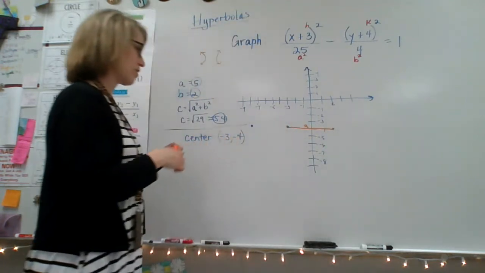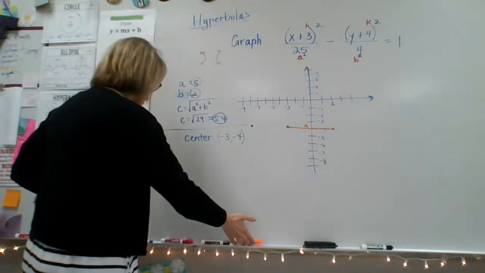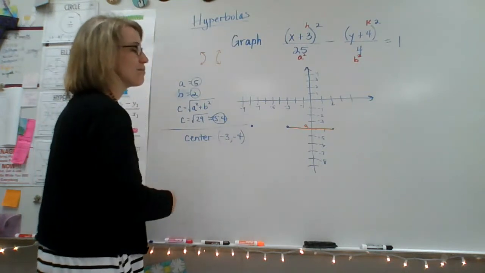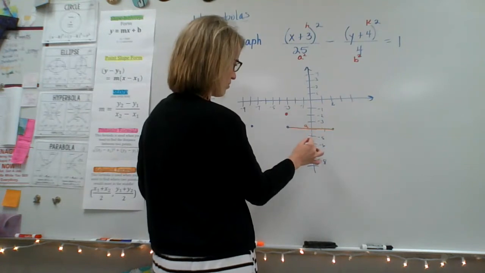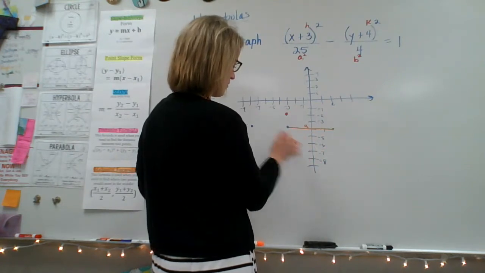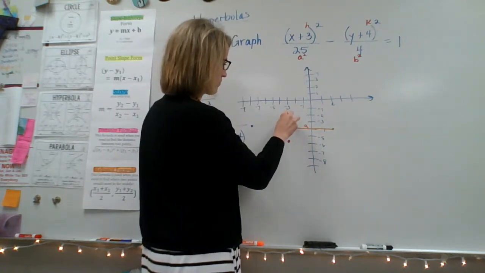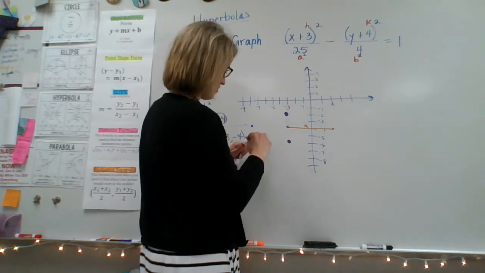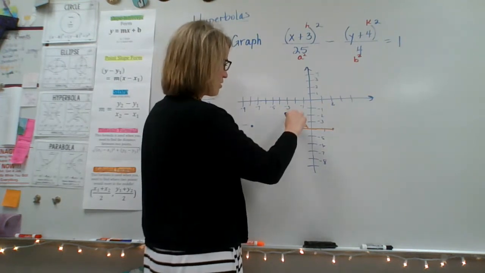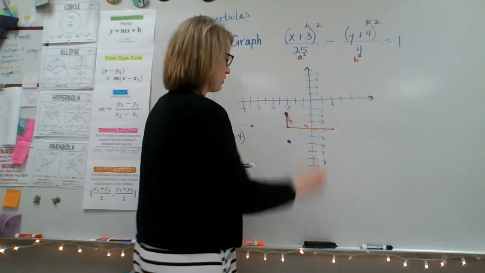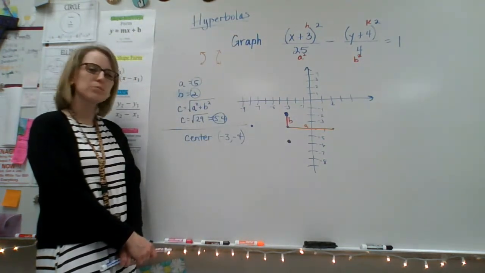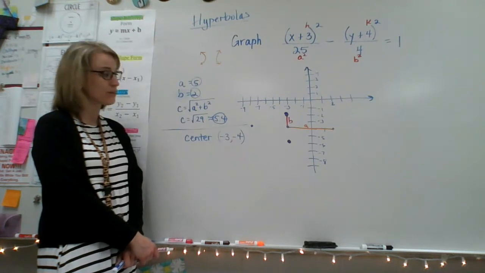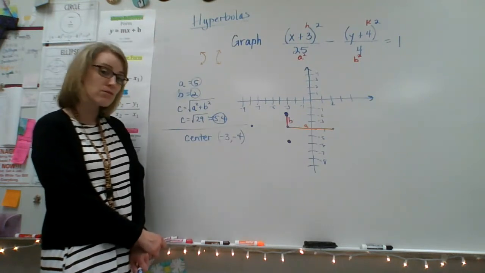All right, now let's go our B distance, which is 2 from the center. And we're going to go top to bottom, 2 units. So up 2 units and then down 2 units. Okay, and that's your B distance. Now that really just gives us the dimensions of this rectangle that will actually help us later figure out where the asymptotes are for this graph.